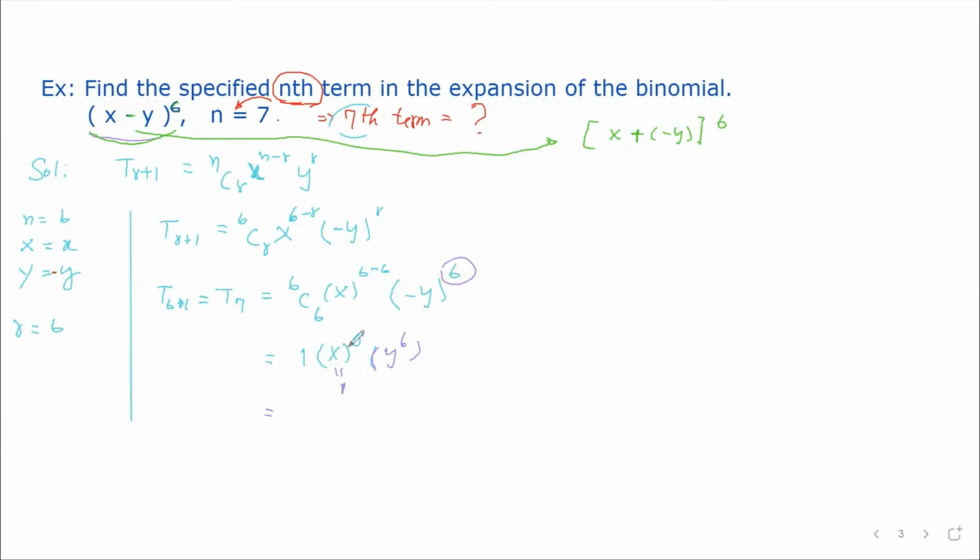Because any base power 0 is always 1. So 1 times 1 times this, so for now it becomes y power 6. So we get the answer for the 7th term equal to y power 6. That means you found the 7th term.